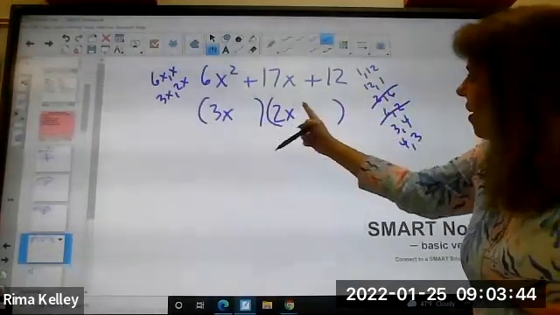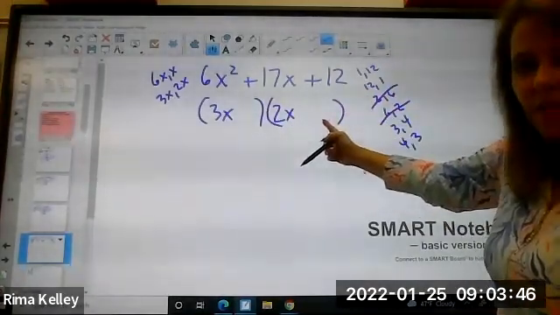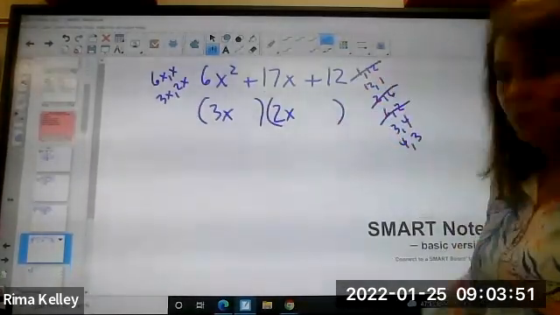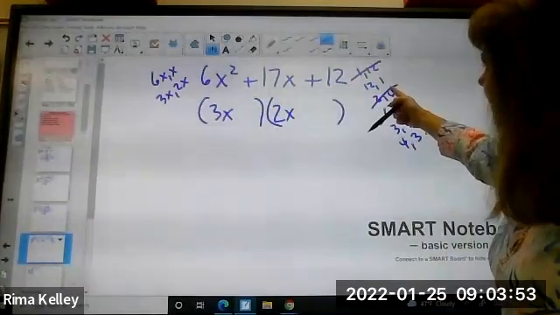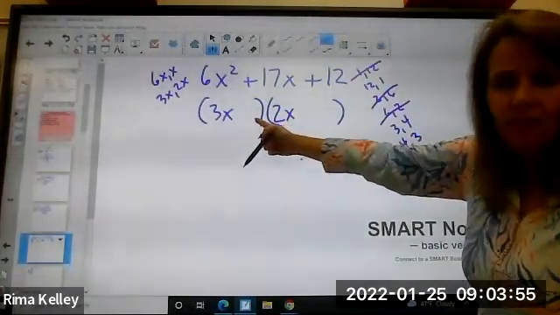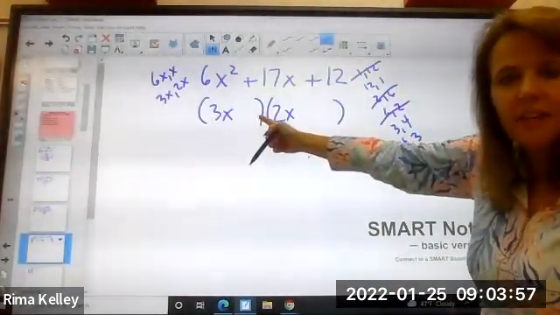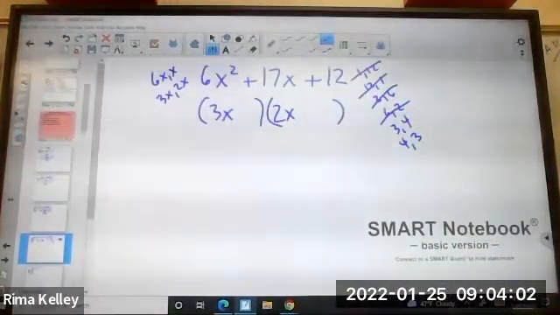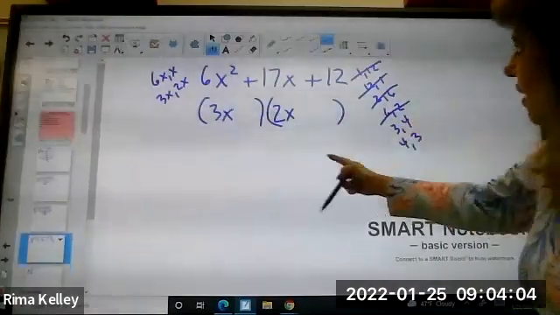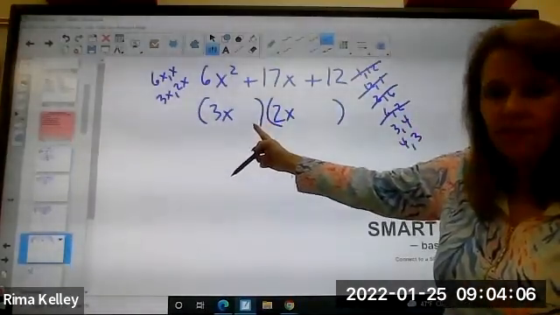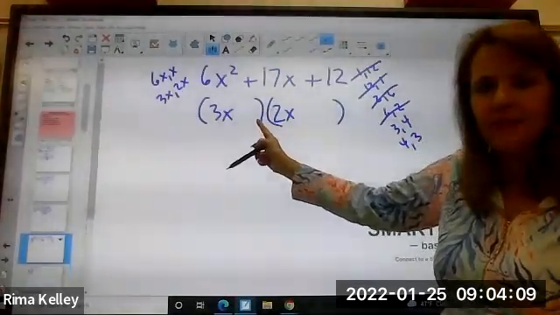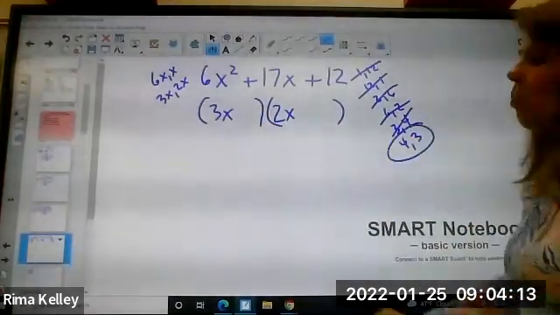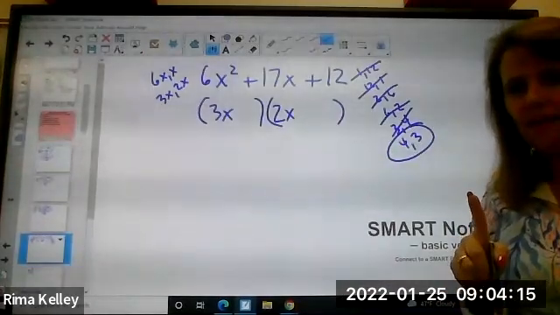Well, 1 could go there, but 12 can't go there because 2 goes into 12. So not possible. So 12 and 1. Well, 12 can't go there because it would have a GCF of 3. So that's impossible. So we don't even have to try that one either. All right, 3 and 4. Can 3 go there? No, because they're both 3s.